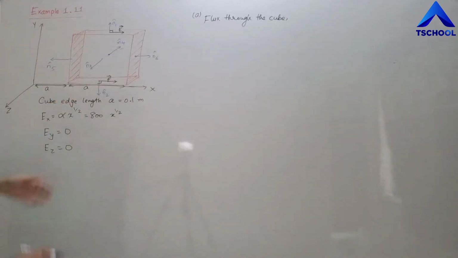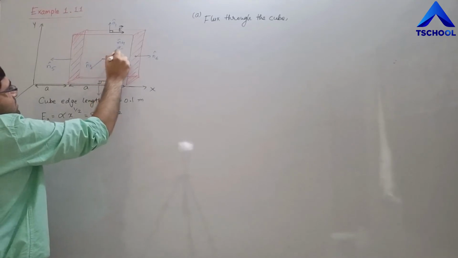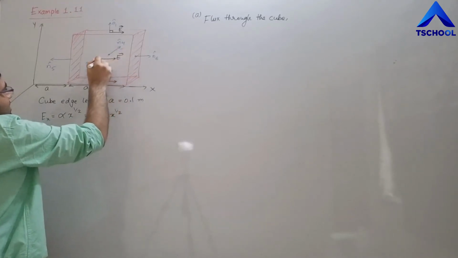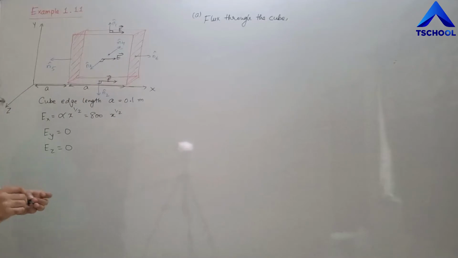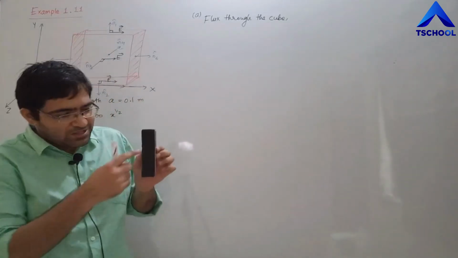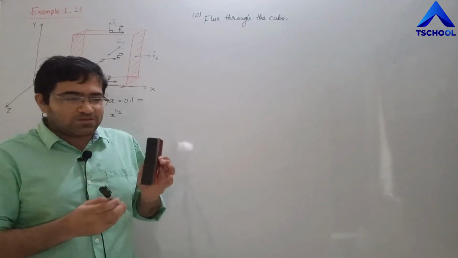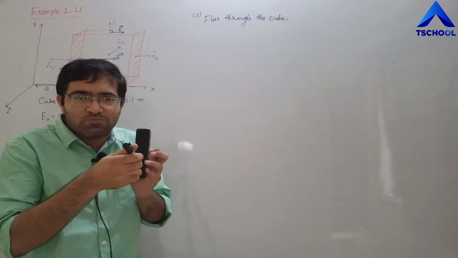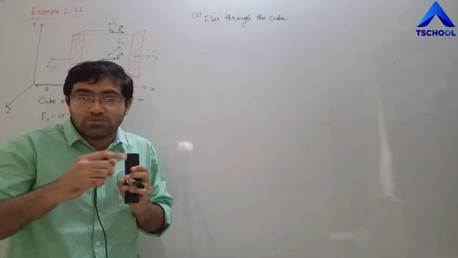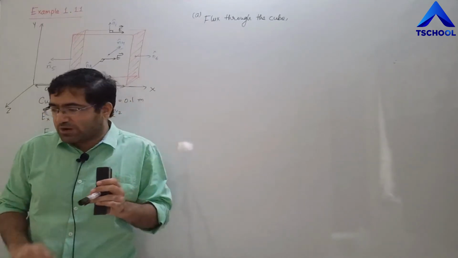We have the flux for the surface in front as 0 again, because here again the electric field and the area vector of the front surface are going to make an angle of 90 degrees. Let me give you an example by using this duster. Here is the cube, assume that, and this is its front surface. The area vector of this particular surface is going to be pointing towards you like this, right? Normal to the surface and going outwards. Don't forget the important points.